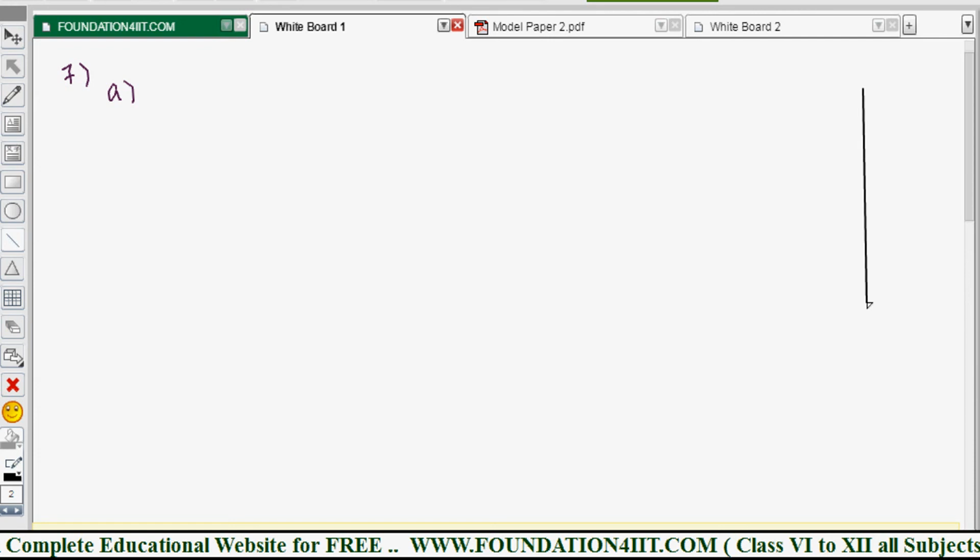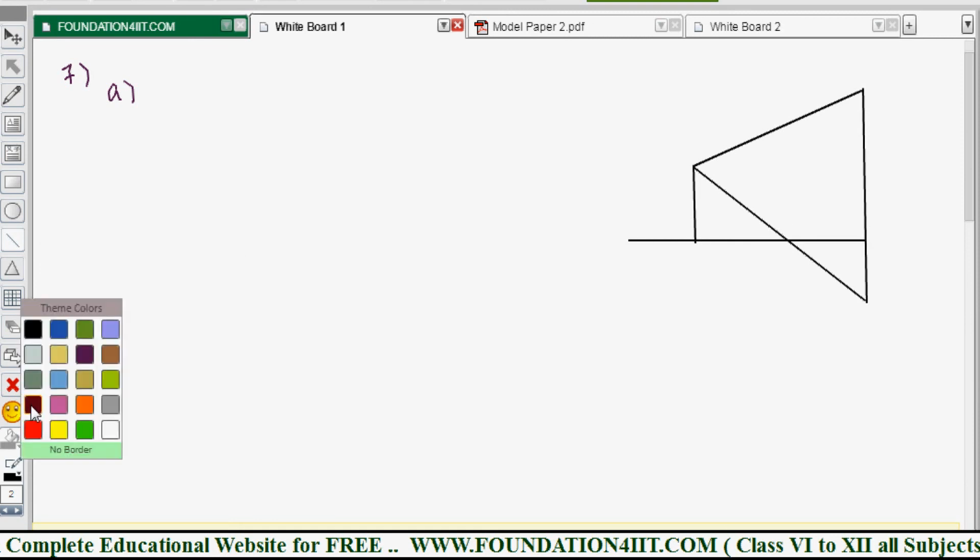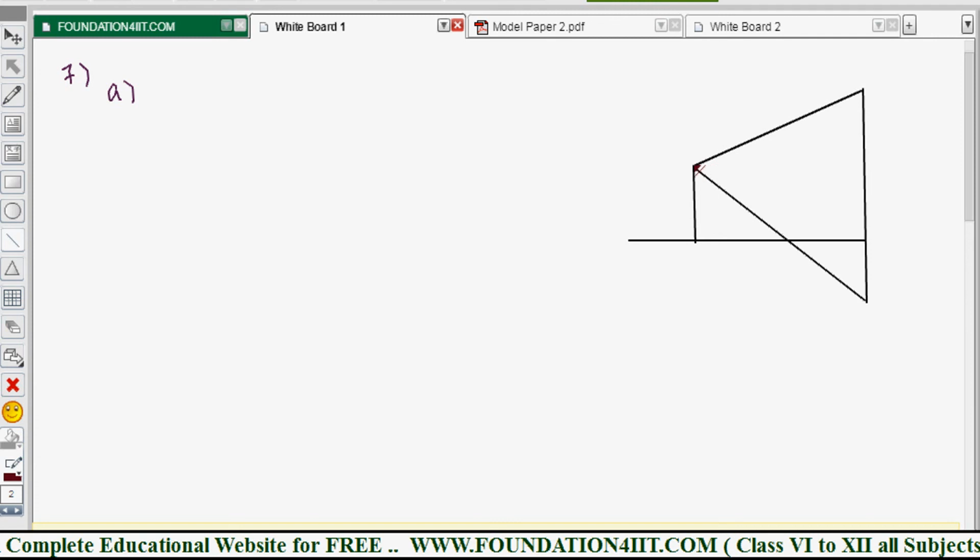A straight line, A dash, and just join this. Angle of elevation and depression, both statements we take from your straight line.